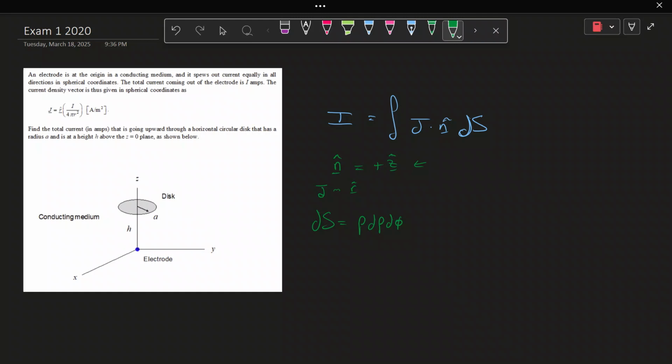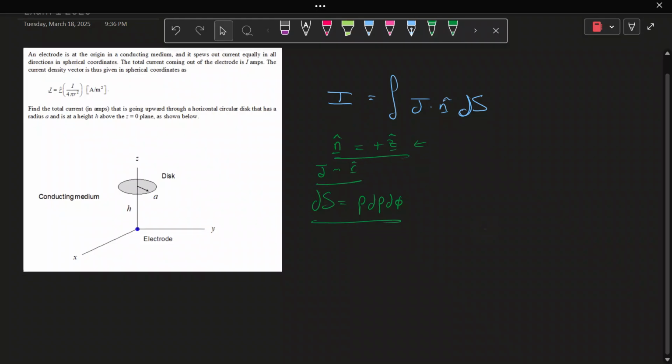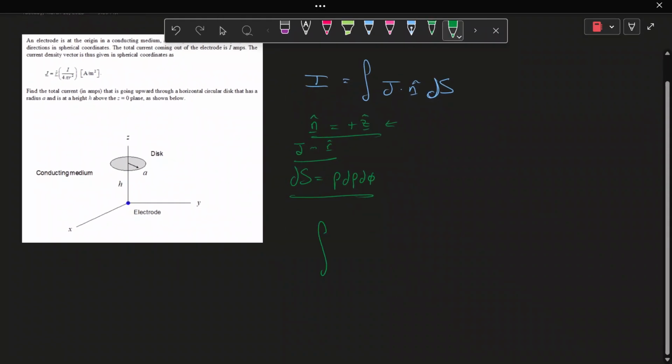Okay. Now, we know dS, we know the directions of each of the vectors. Now we can maybe integrate something. Let's try this. So we take the surface integral, and that entails a double integral of our J vector, which is r hat times I over 4 pi r squared, dotted with z hat, our n vector, times rho d rho d phi.